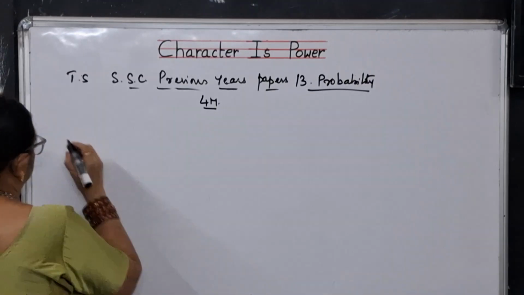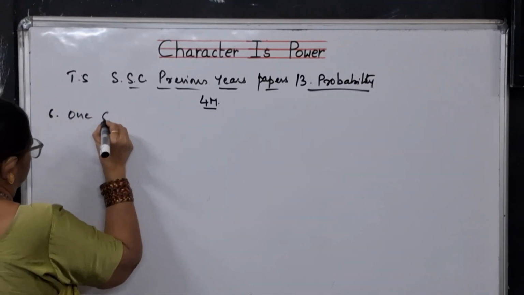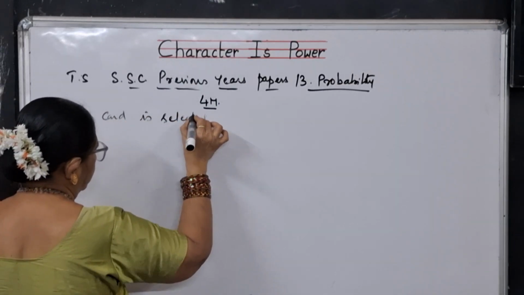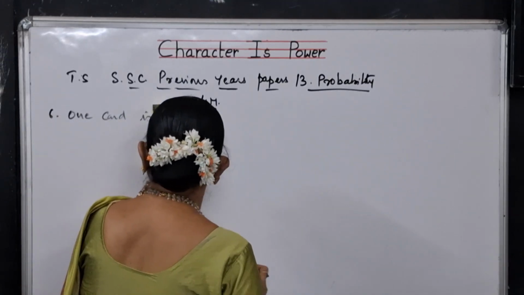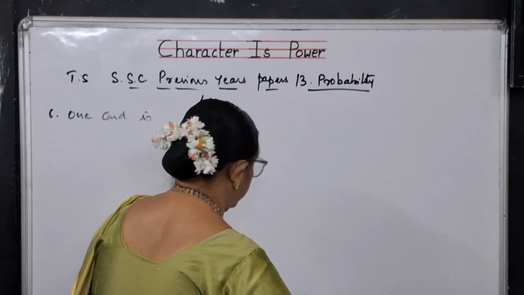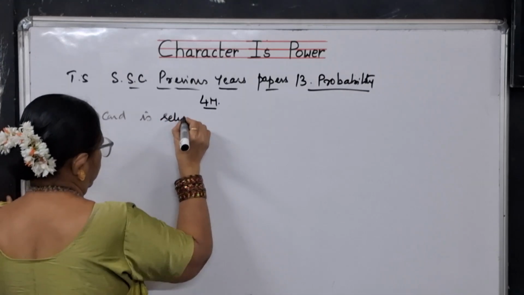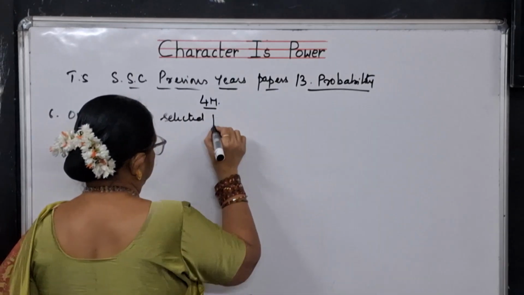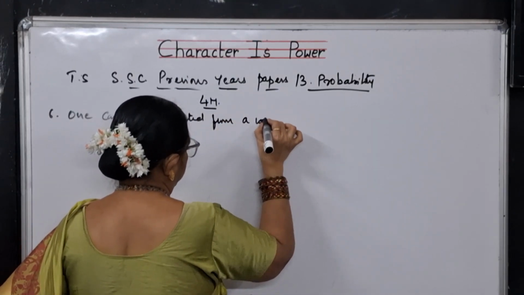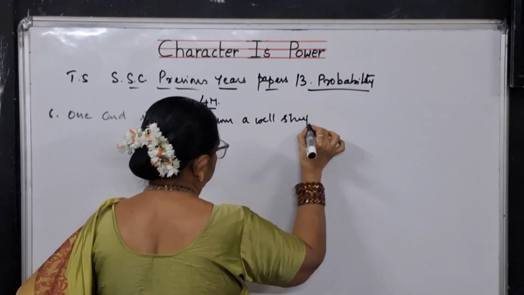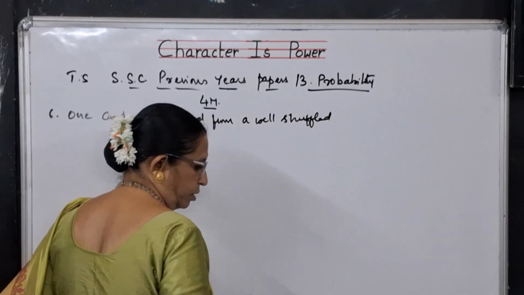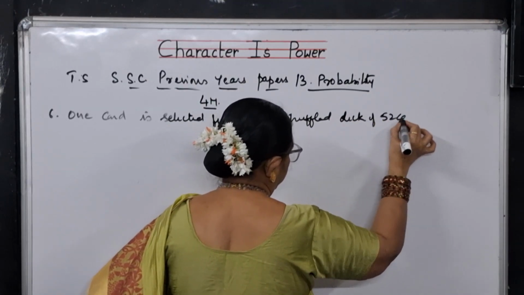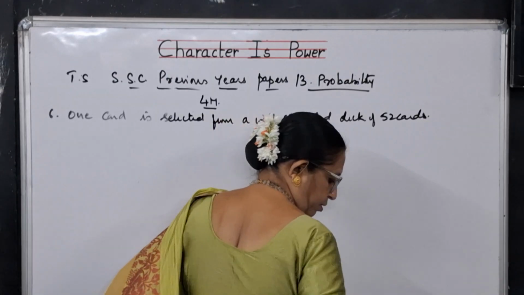One card is selected from a well shuffled deck of 52 cards.